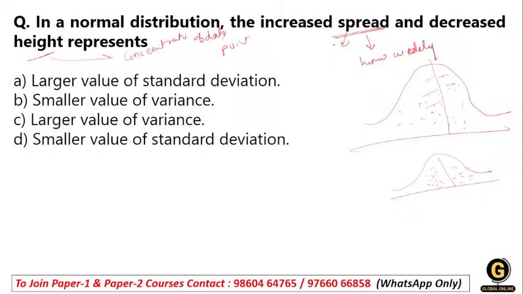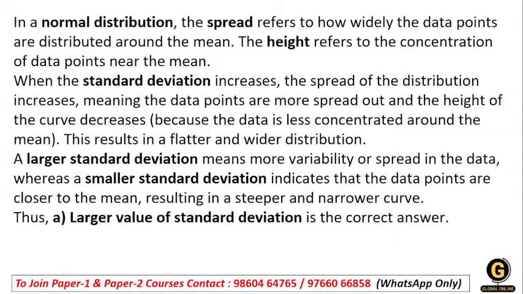If your spread increases and your height decreases, it means the standard deviation has a large value. So option A will be the right answer. Okay, students, A is the right answer.